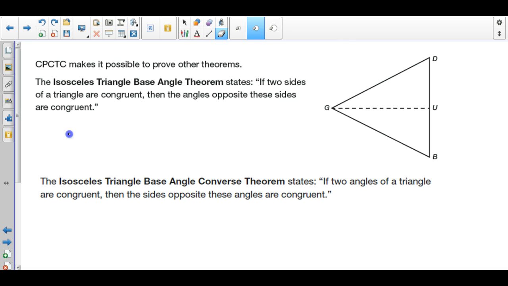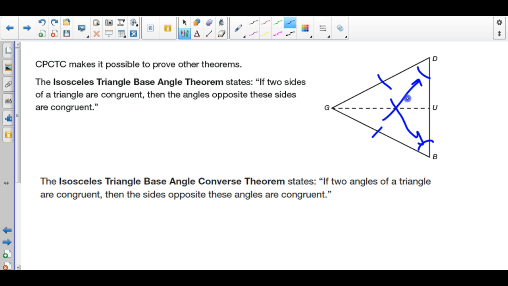So having CPCTC makes it possible for us to prove the base angle theorem, which says that if two sides of a triangle are congruent, so suppose that this were true, where I had two little marks right here, well, what we could do is write a proof now, because I can divide this up into two triangles, and we can prove that angle B is congruent to angle D.